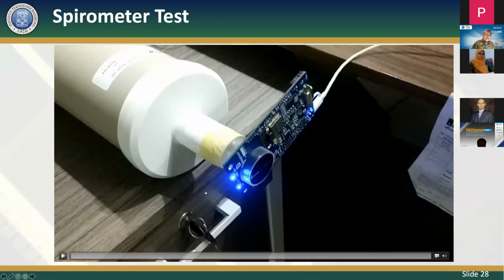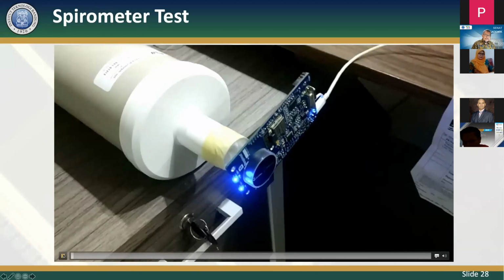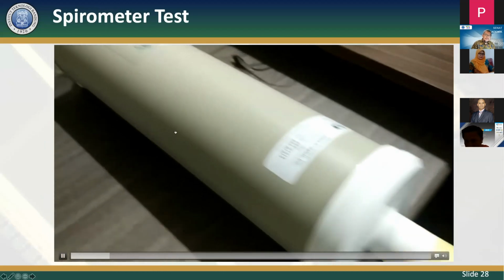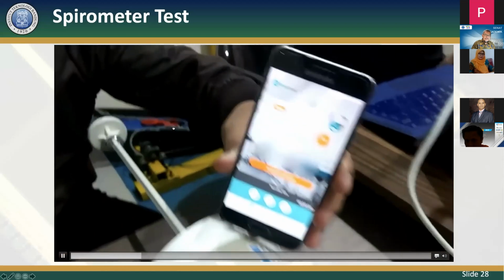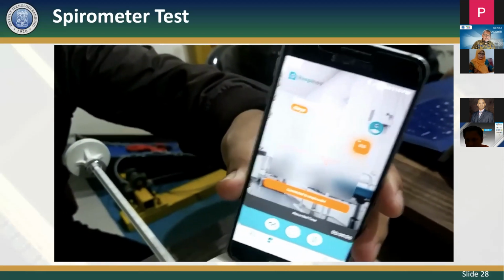And then for the spirometers, in order to measure the volume, we're doing a testing like this. This is standard, for measuring the volume.